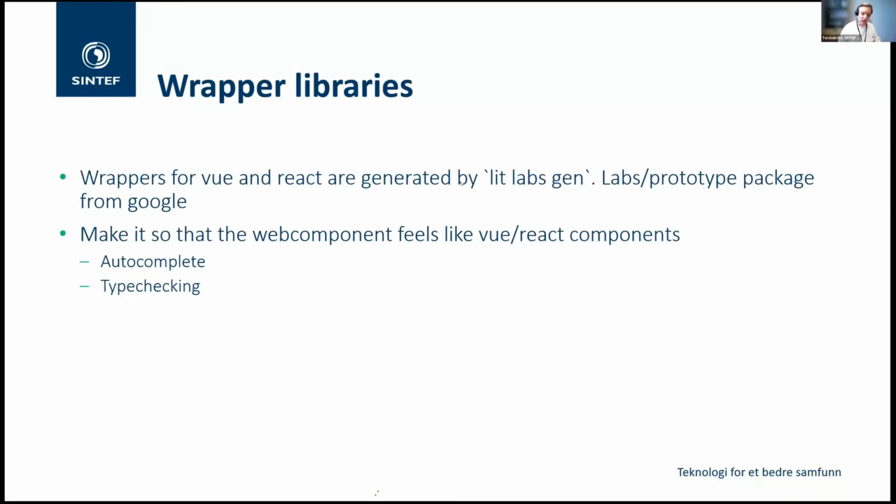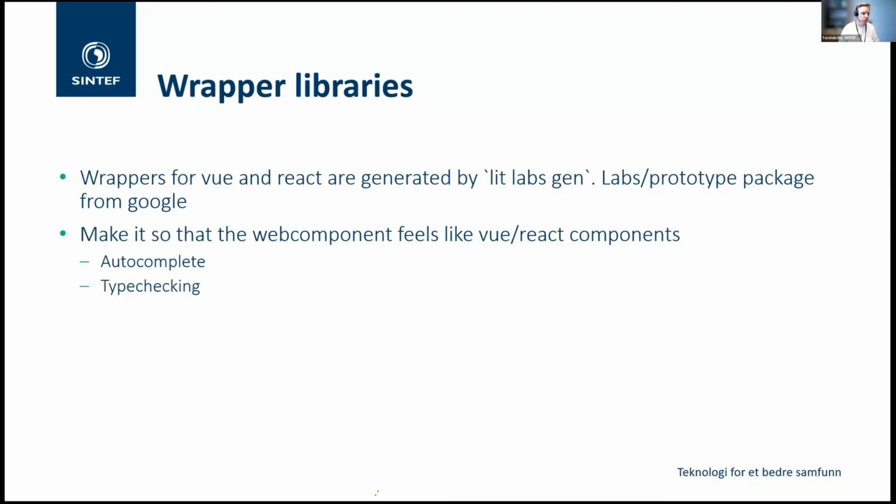So Google, through Lit, has made a prototype or a lab package that can generate wrappers. So with these wrappers, you just run a script and then you get all the wrappers out. And then when you use these components, they feel more like Vue components or React components.